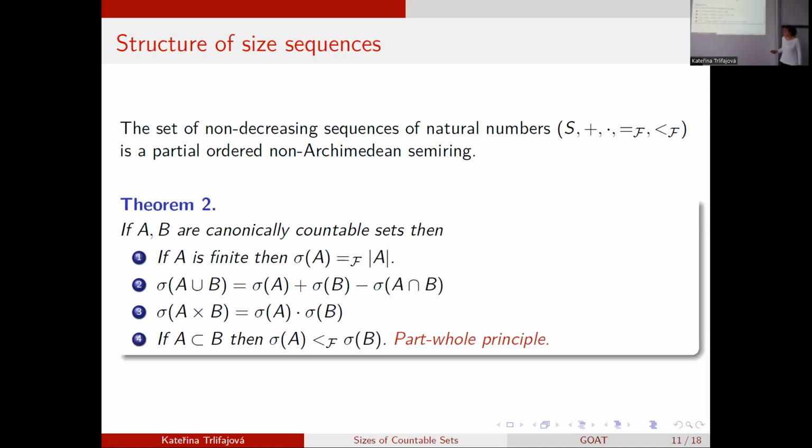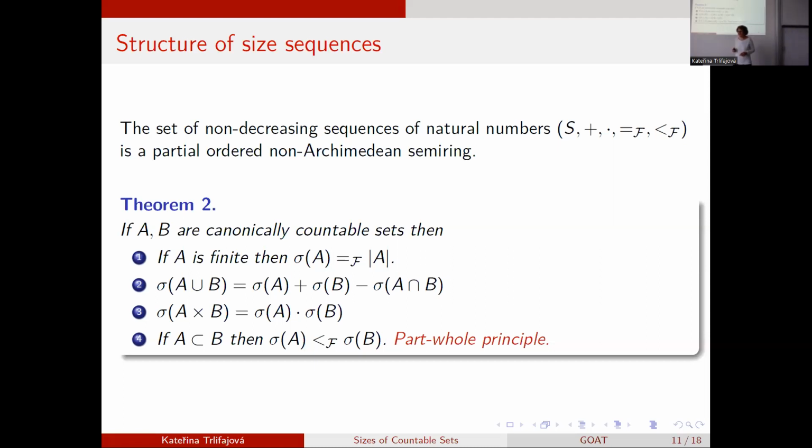And what was important is that the part-whole principle is valid. So it says that if A is a proper subset of B, then its size is less than the size of B, by up to one element. Even one element is important. Every one element is important.